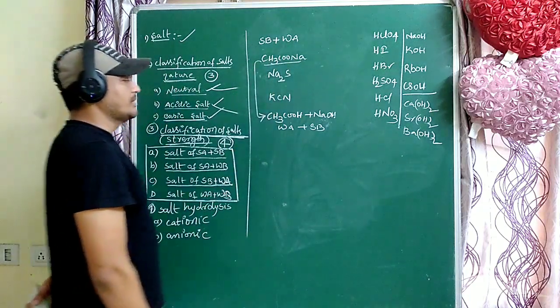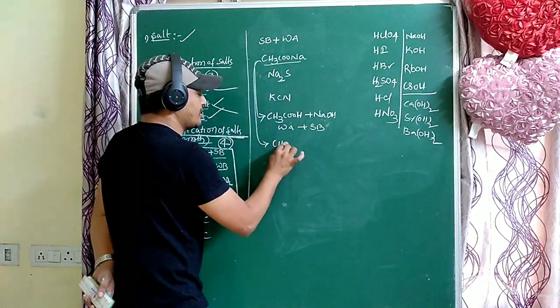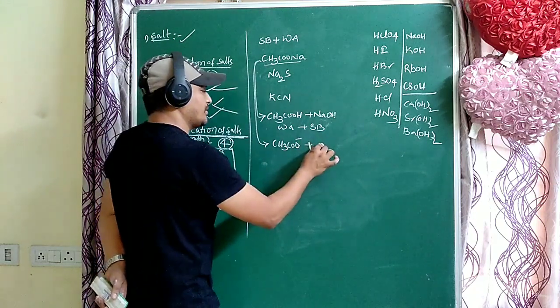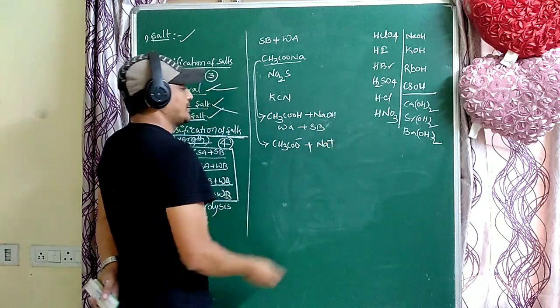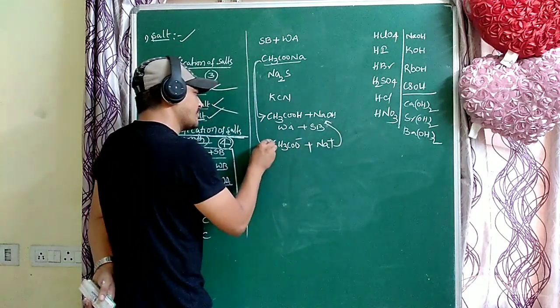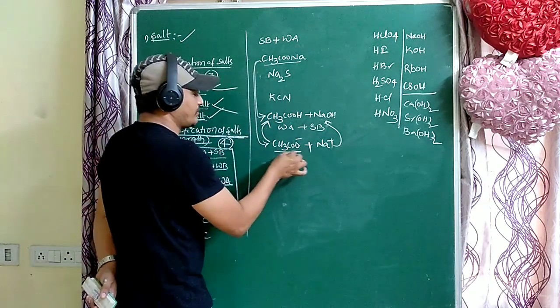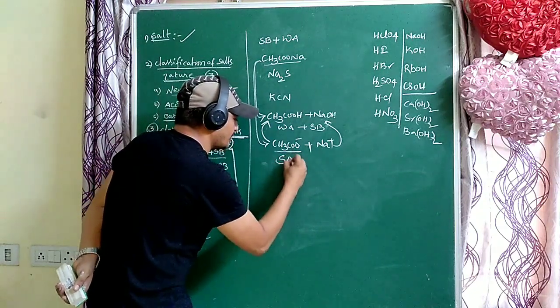So very very important, what ions are there? Acetate ion and Na+. Na+ came from strong base, and acetate came from weak acid. So the anion came from weak acid, that's why that is a strong anion.